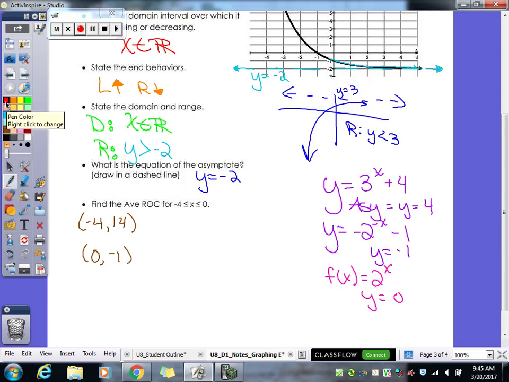All right, so now we'll do our average rate of change. So y2 minus y1 over x2 minus x1. So -1 minus 14 all over 0 minus a -4.